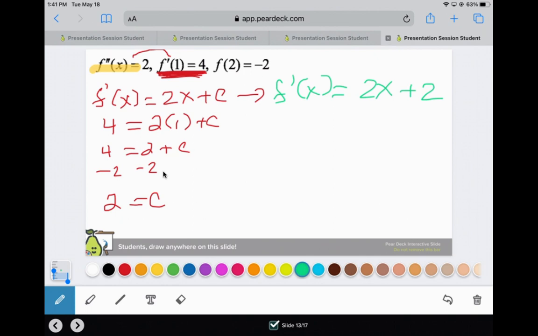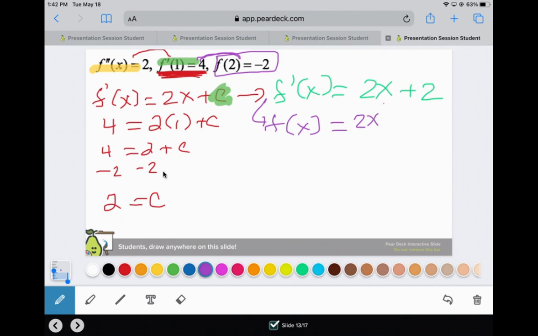Remember, the c was the one that's missing, and I just plug in the values from here to figure out that c. So now I have that. The next one you would do is go backward again. So I'm going to start from here, to this final step. Notice I have f prime. Now I'm going to the original function.